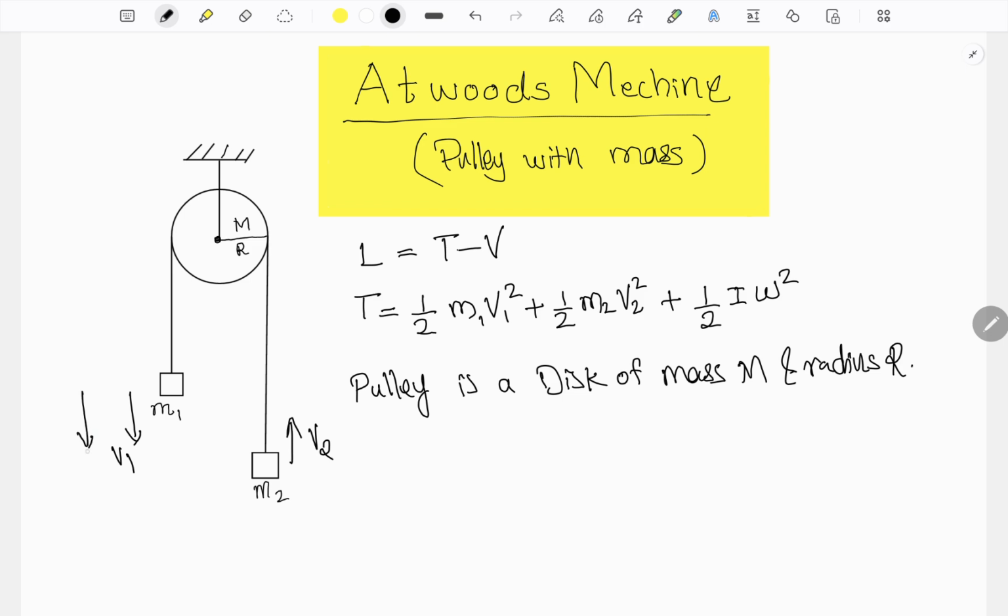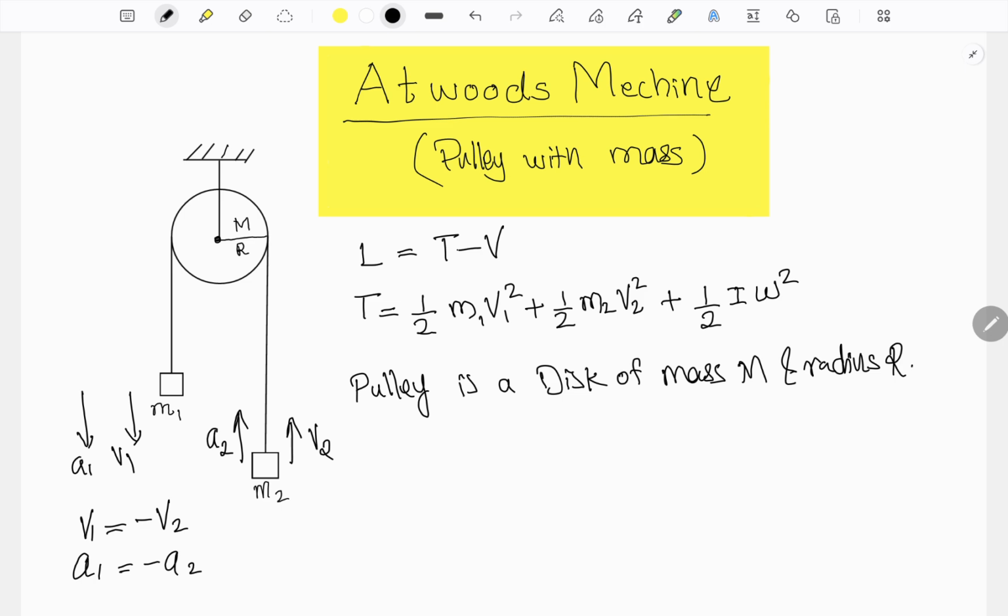Similarly, if m1 is having acceleration a1 in the downward direction, m2 will be going up with an acceleration a2. Now, because the length of the string is fixed, whatever speed m1 is coming down, m2 should be going up in the opposite direction with the same speed. And the same is applicable for acceleration. So we can write v1 will be equal to minus v2 and a1 will be equal to minus a2.